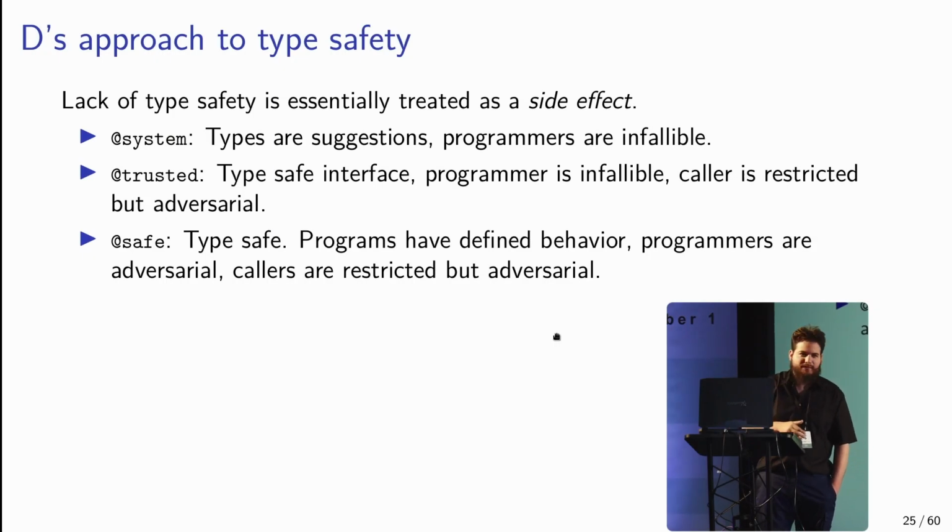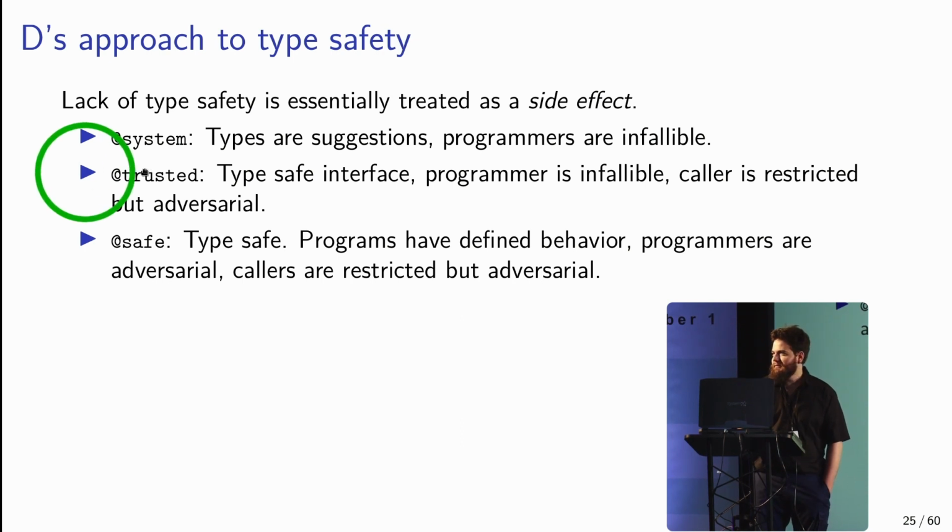Because D doesn't do either no type safety or type safety, because it's D, it does both, right? We have @system. This is an annotation for functions, and basically this means types are suggestions, and programmers are infallible. If your function has a bug, and somebody decided to call it, it's on them. They shouldn't have trusted your function, right?